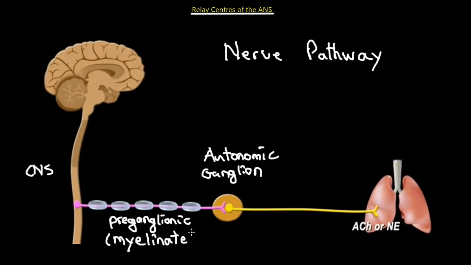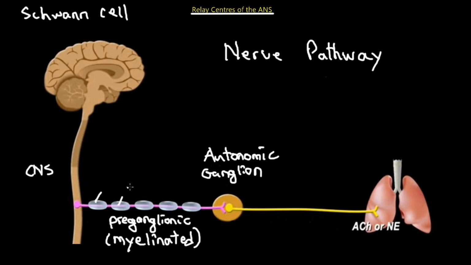and we talked in our previous lecture about the myelin sheath that is composed of Schwann cells. So the Schwann cells, basically, provide insulation for these fibers, these nerves, so they are able to transmit their signal much faster. So the preganglionic fibers are myelinated, meaning that they are going to have these Schwann cells wrapped around them.